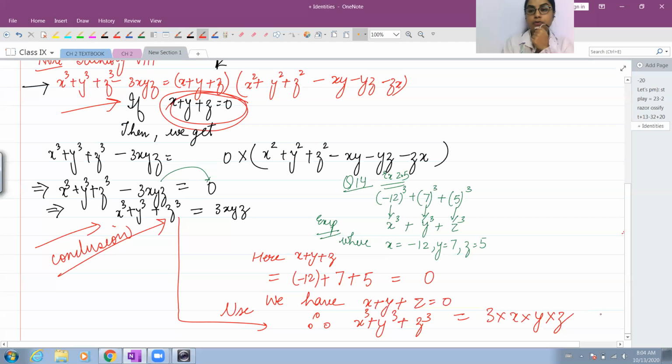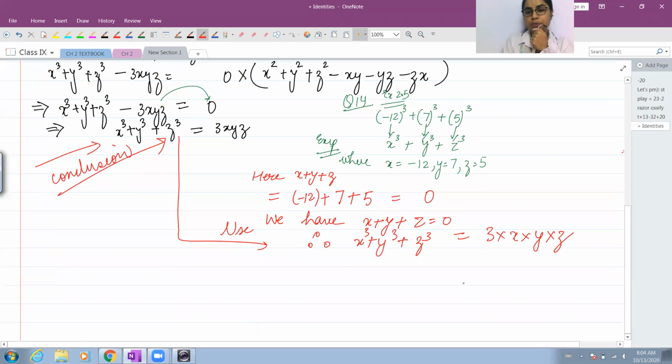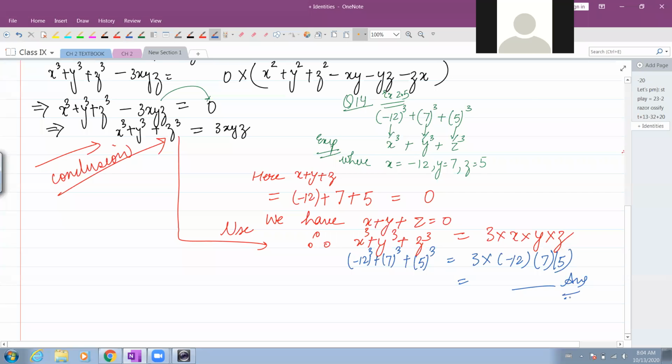Now you can use the values of x, y, z in your expression. You will have minus 12 cube plus 7 cube plus 5 cube equals 3 into minus 12 into 7 into 5. And then you can get your answer. And this is done without calculating the cubes.